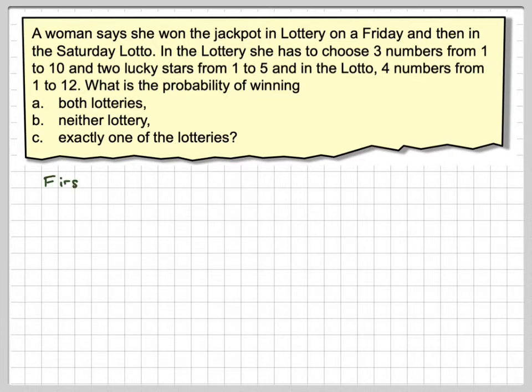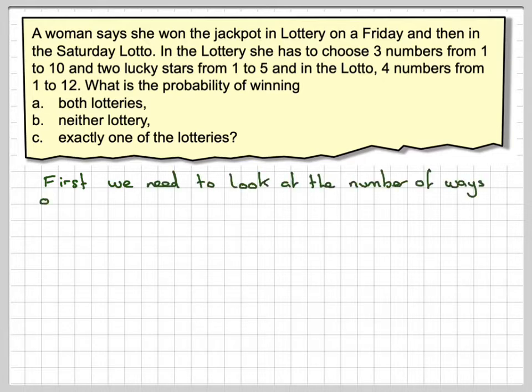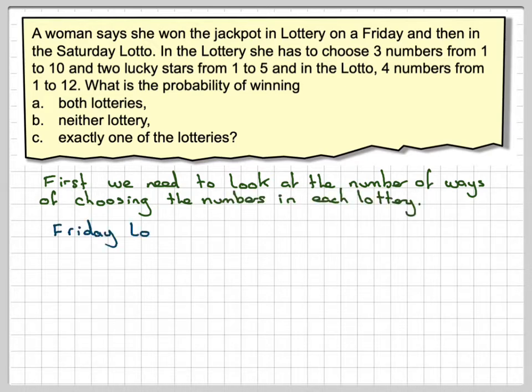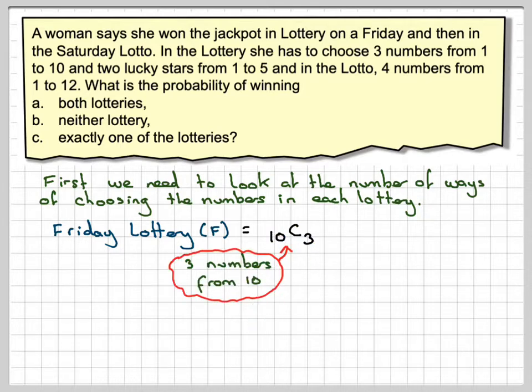So in order to work out the probability of winning, we first have to look at the number of ways of choosing the numbers in each lottery. So for the Friday lottery, which we're going to let be F, what does she have to do? She has to choose 3 numbers from 1 to 10. So that is 10C3, 3 numbers from 10.